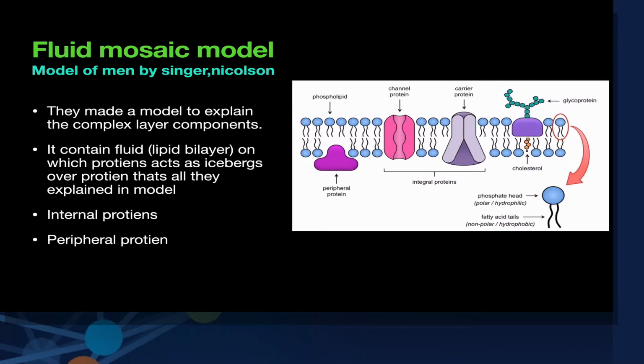We have two types of protein: integral protein and peripheral protein. Integral or internal proteins, both are the same words, so you can choose whichever word you like. The integral proteins are those which are inside the membrane.